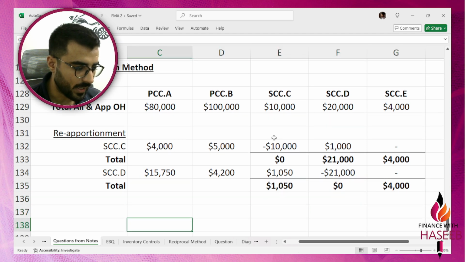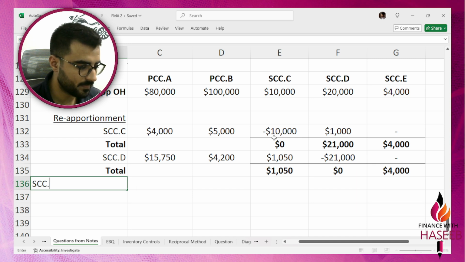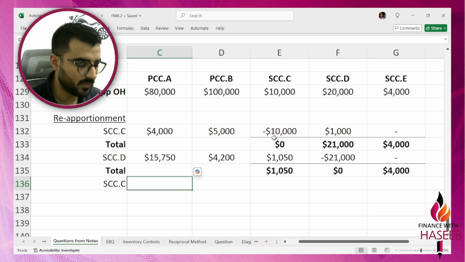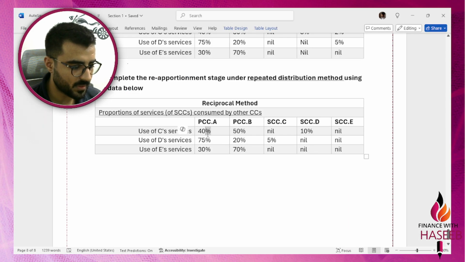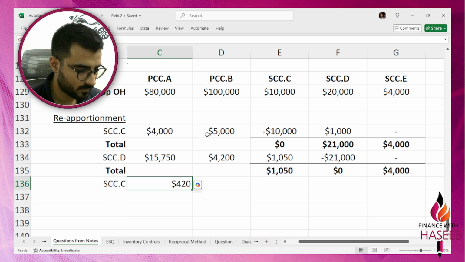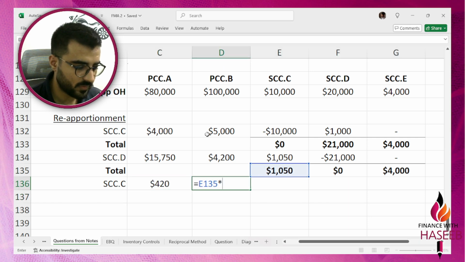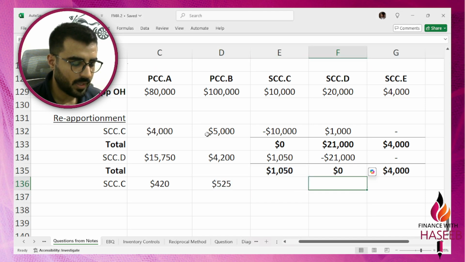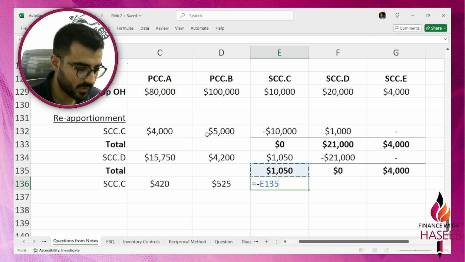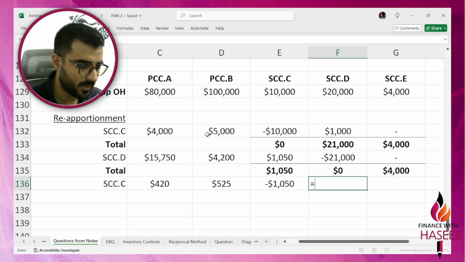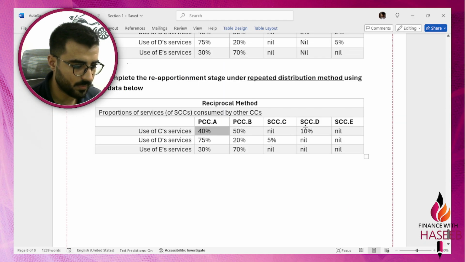So now we will again move towards service cost center C and share the 1050 overhead that has been shared from the service cost center D. So 1050 multiplied by 40% and 1050 multiplied by 50% and then minus 1050 and here 1050 multiplied by 10%.